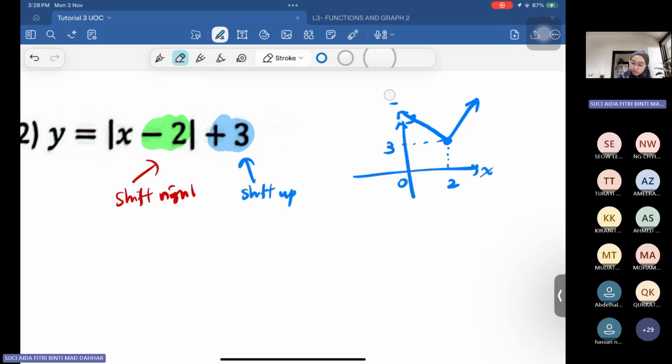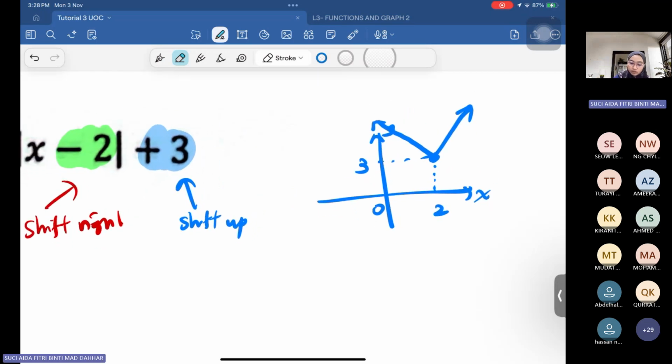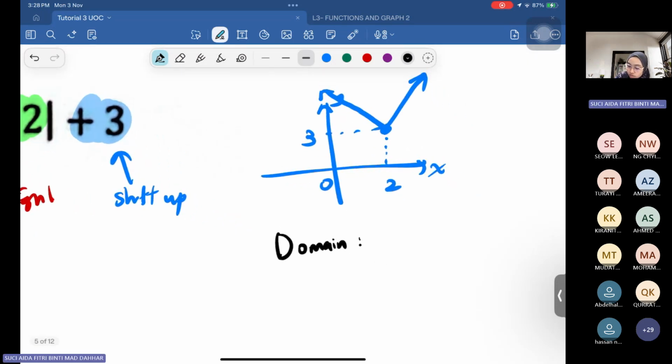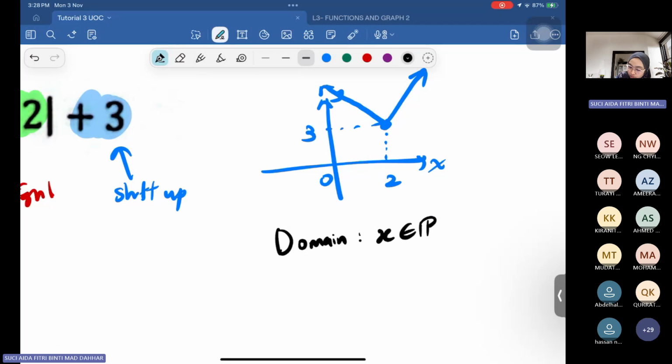Right? So now give me the domain of this graph. Is there any restriction? No. So x is all real number. How about the range? More than or equals to 3. Correct. More than or equals to 3.